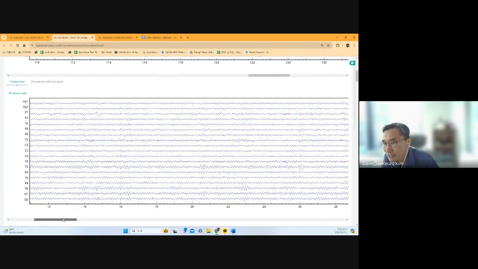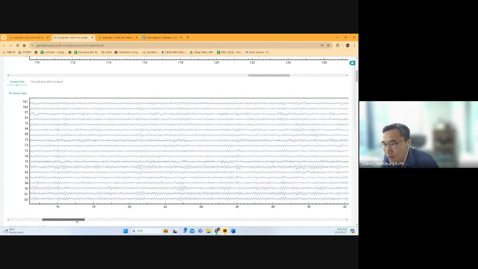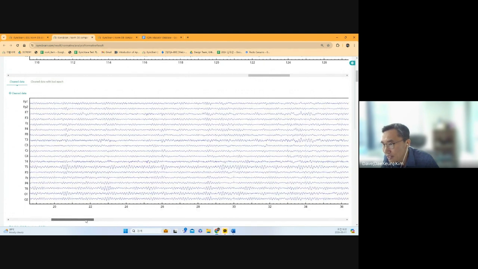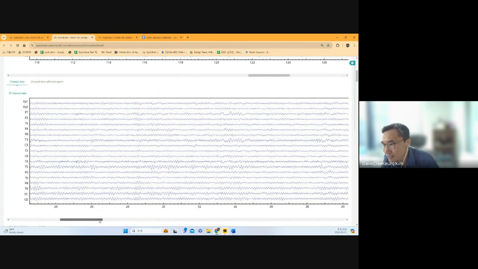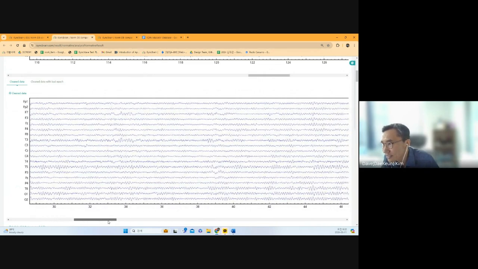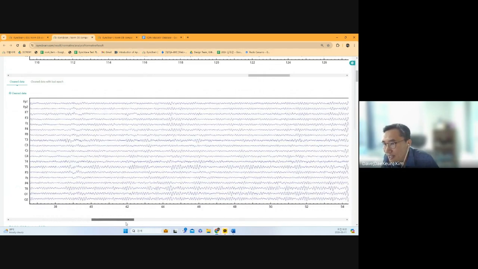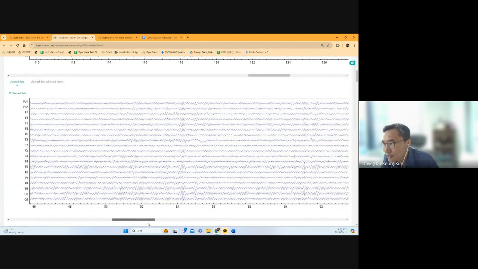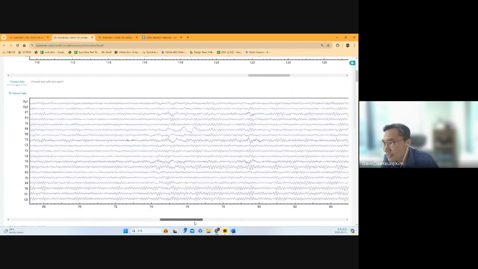First thing we can see is that T5 has the largest alpha activity. I think it is largest, not O1, O2. T5 alpha oscillation is largest in this case, I think. So this is the clean data.